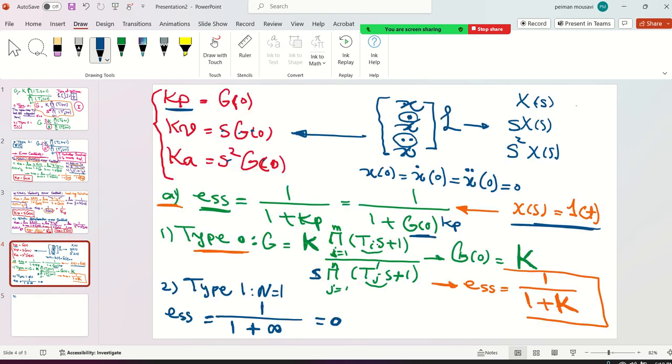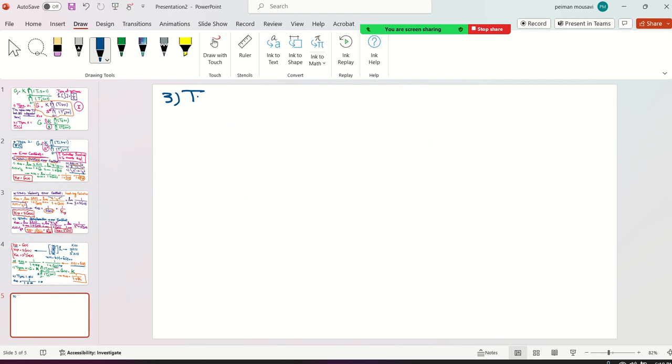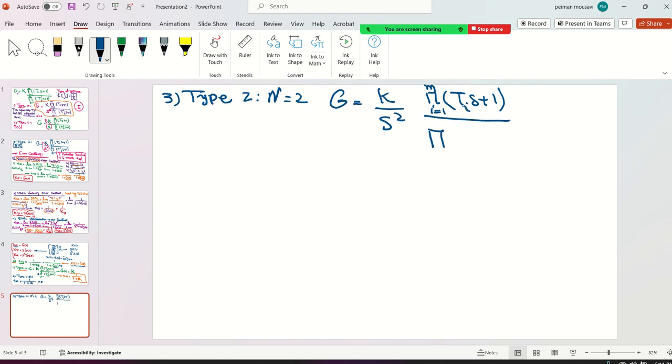Now case 3. If the type of the system is 2, or n is 2, it means your G is K over S squared times the product of T_j S plus 1 over the product of T'_j S plus 1.